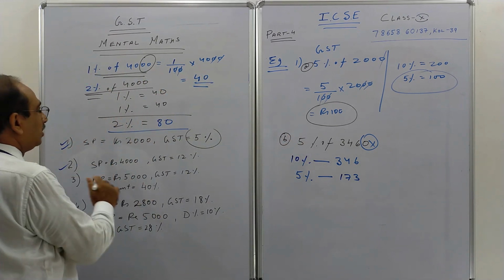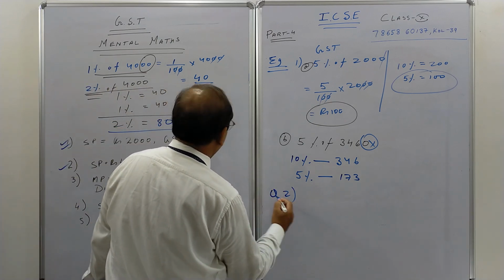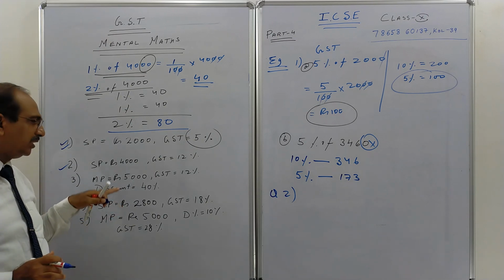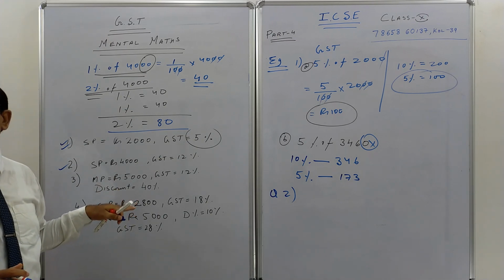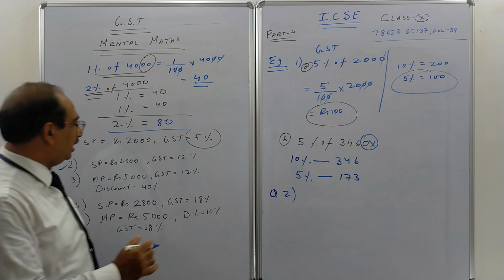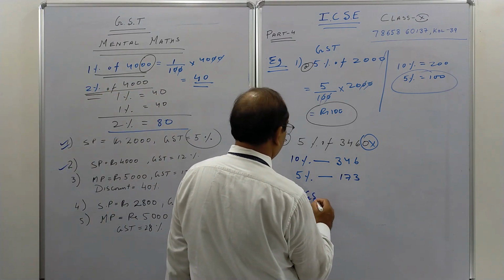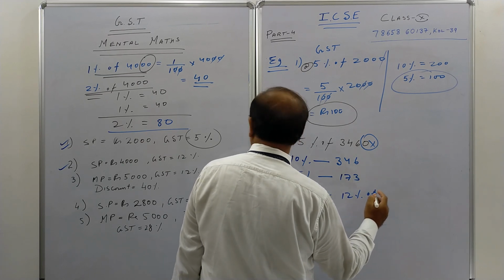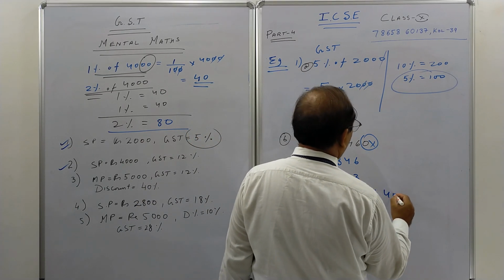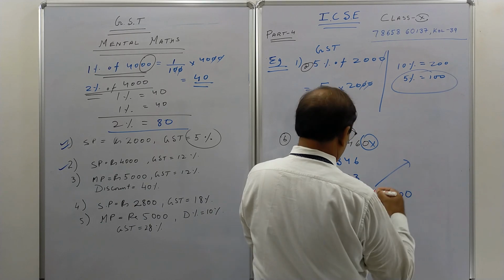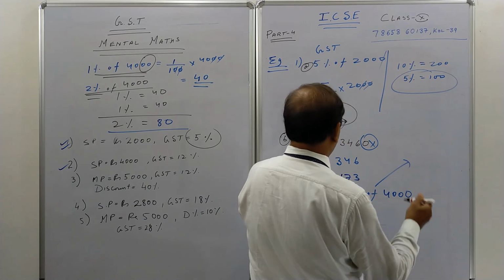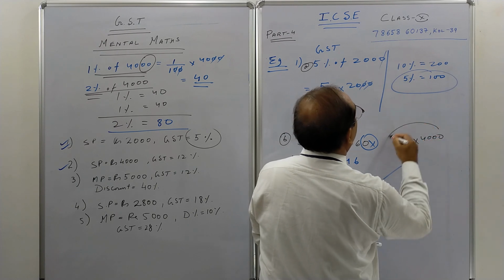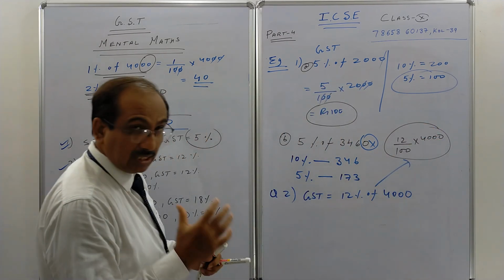So here I am doing question 2 for you, children. 12% is GST and selling price. I'll come to marked price and discount. Next question we have, we generally get a discount. So if selling price is 4,000, so GST will be, children, in rupees, 12% of 4,000. Now traditional method, you know, children. Traditional method will be 12 by 100 into 4,000. All right, but here how we do, let us see.